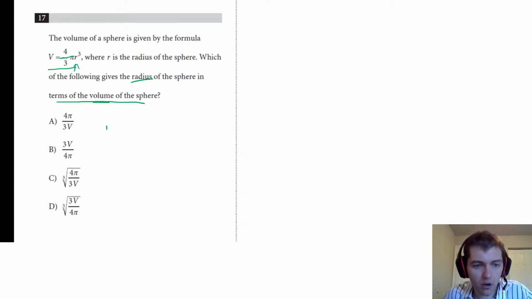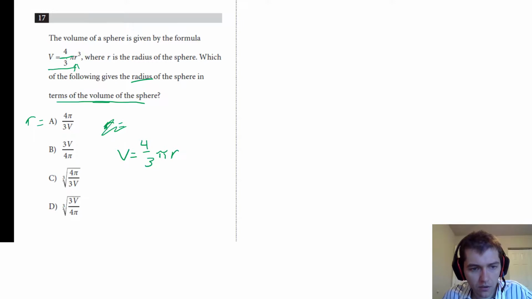So you'll have r is equal to, and that's what all these answers are, r is equal to which of the following. So to rearrange to get in that form, let's start with the equation they give you. V is equal to 4/3 pi r to the third. Start by multiplying by 3/4. So you have 3V over 4 is equal to pi r cubed.